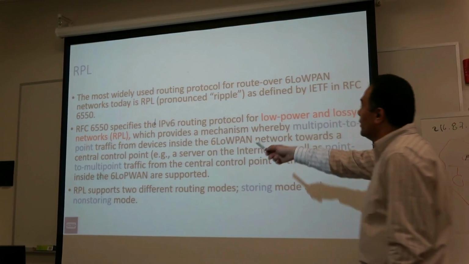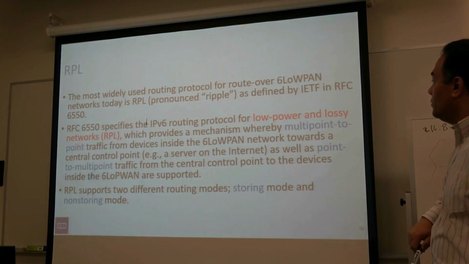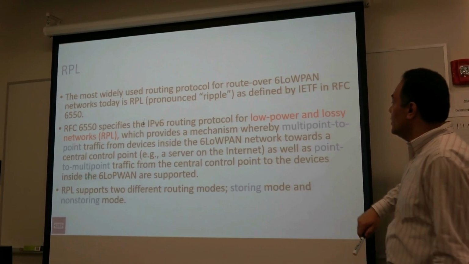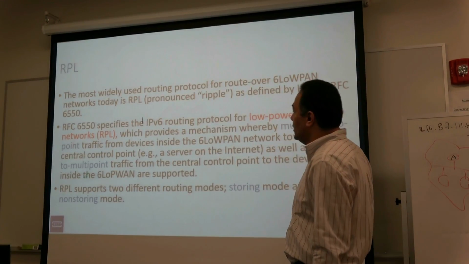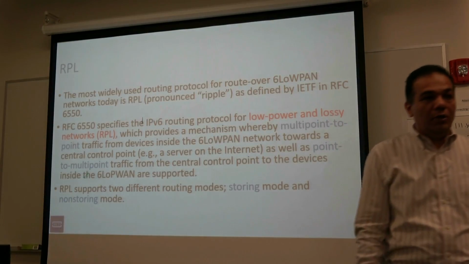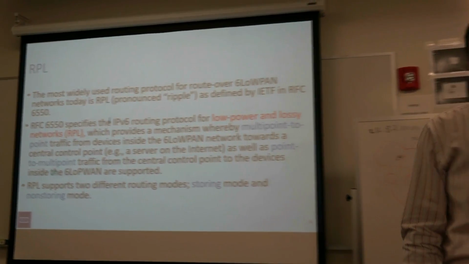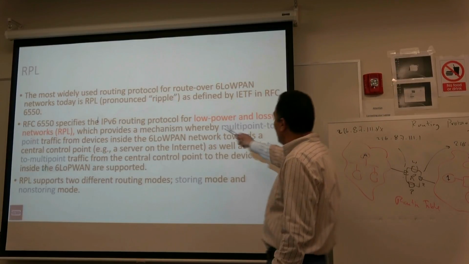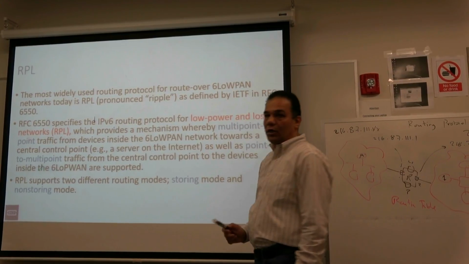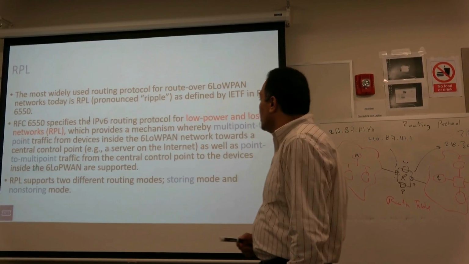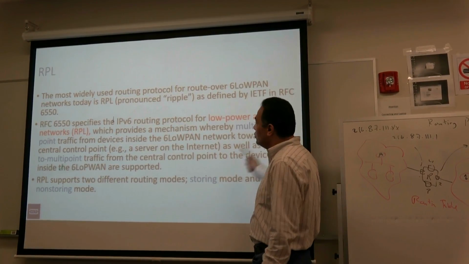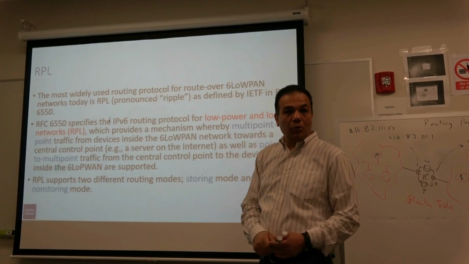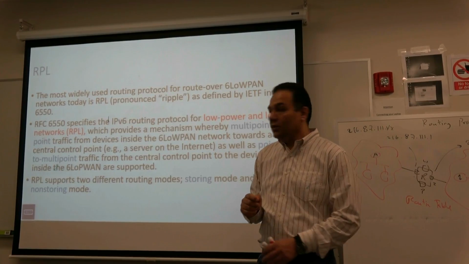It specifies the IPv6 routing protocol for low power and lossy networks. So RPL is a routing protocol for this kind of network, low power and lossy networks, which provides a mechanism for multipoint-to-point and point-to-multipoint traffic.